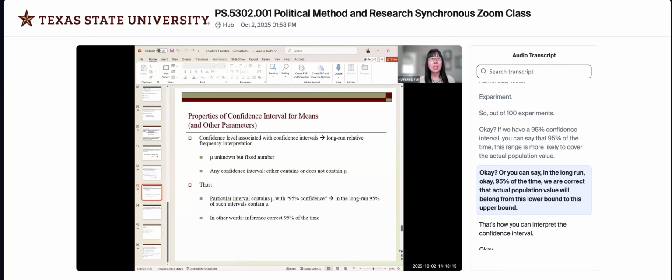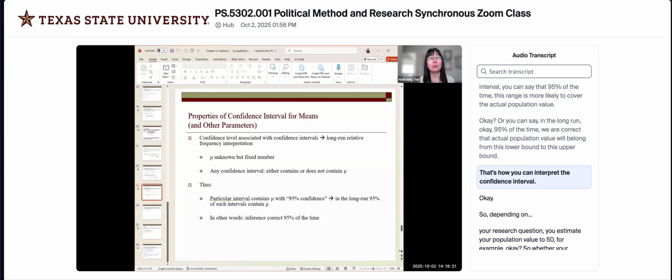Or you can say in the long run, 95% of the time, we are correct that the actual population value will belong from this lower bound to this upper bound. That's how you can interpret the confidence interval.